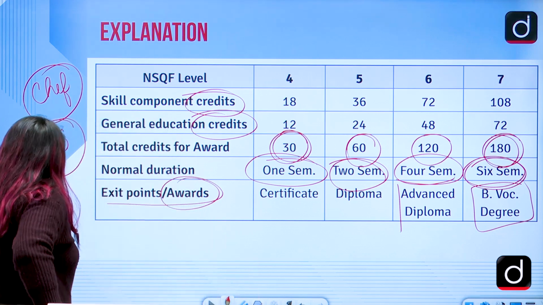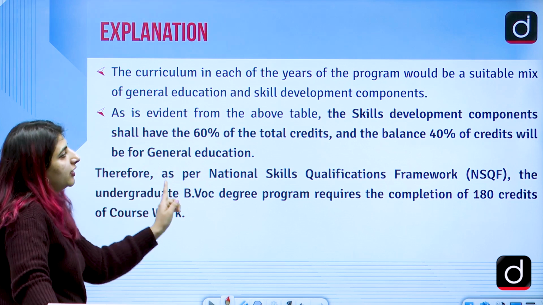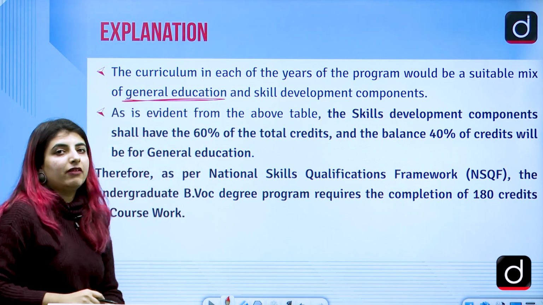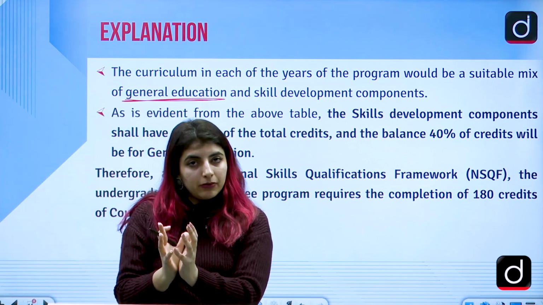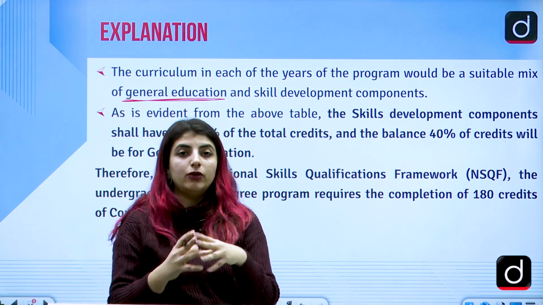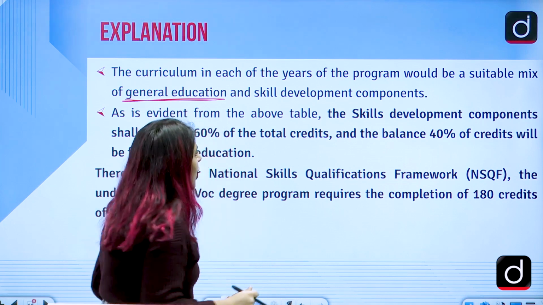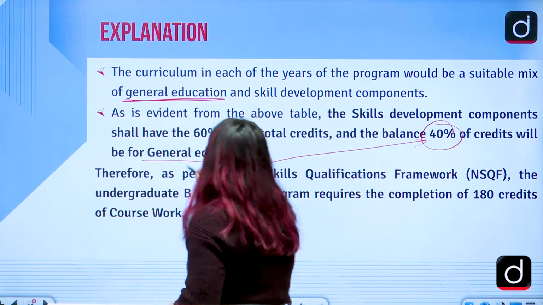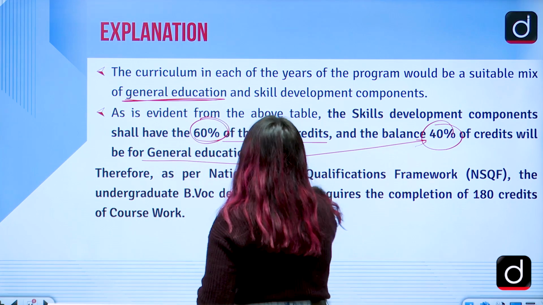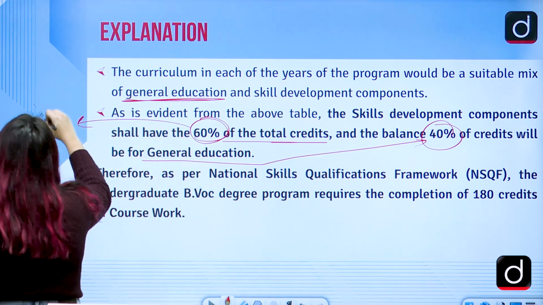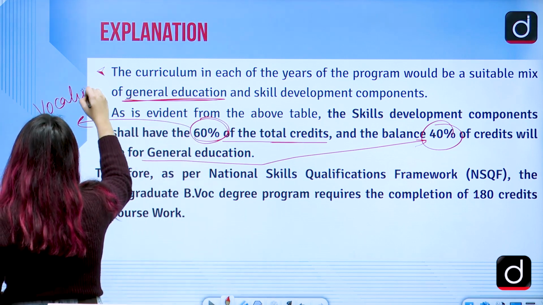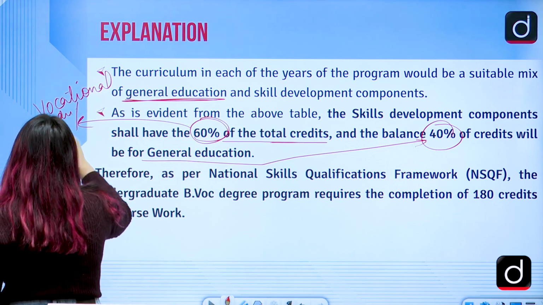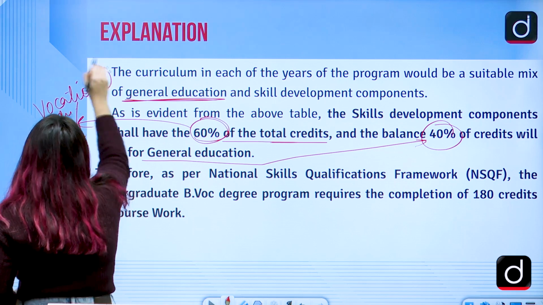So also the curriculum in each of the years of the program would be a suitable mix of general education and skill development components. Yes, general education will be provided, but as it is a B vocational program, 40% of credits will be for general education, but the majority, that is 60% of the total credits, will be for the skill set or the vocational education components.